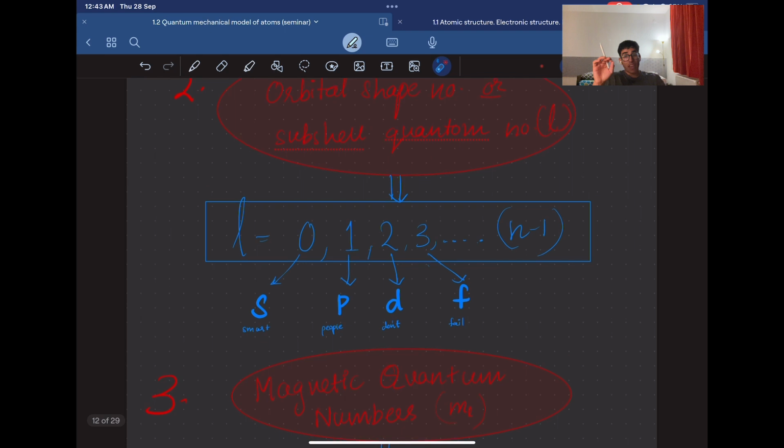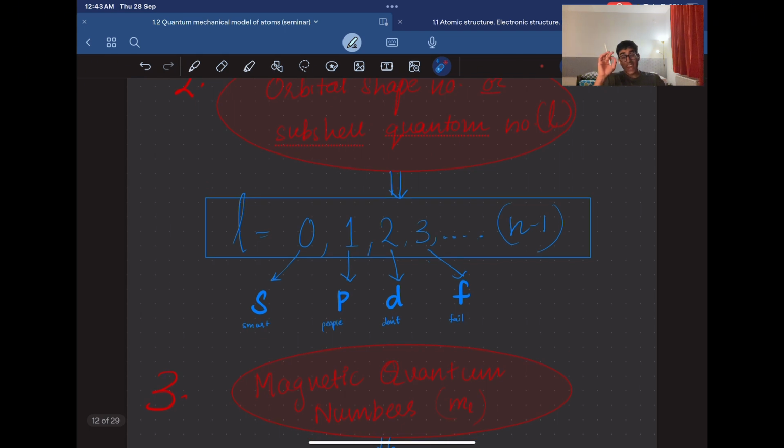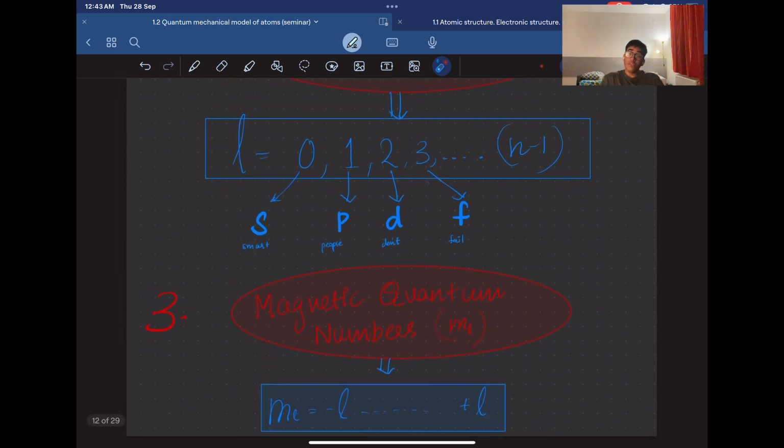Now the next number that we have is the magnetic quantum number, m subscript l, m small l. The values of m_l are from minus l to plus l. So let me give you an example. L's value is 2. 2 refers to the d orbital.